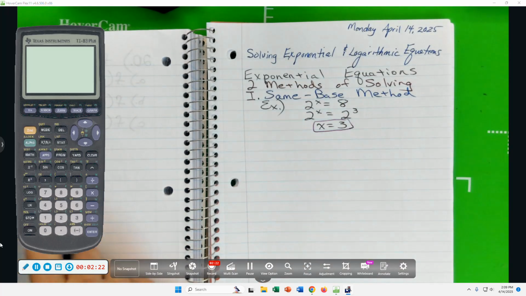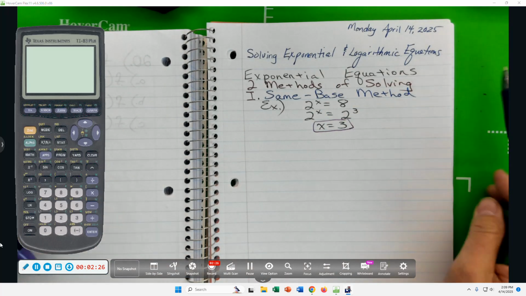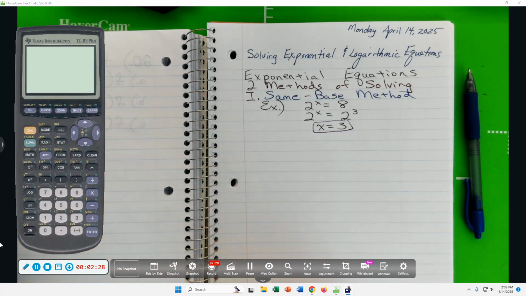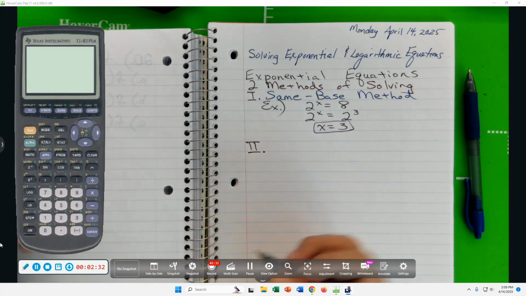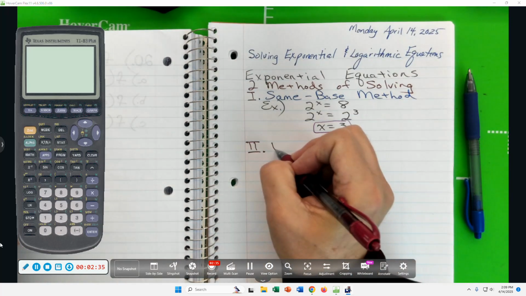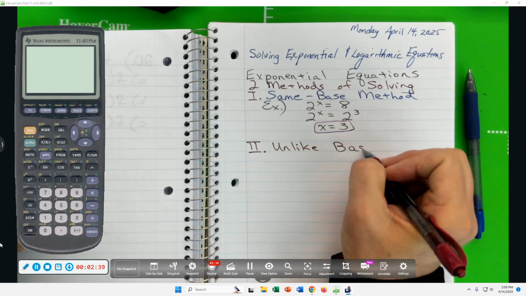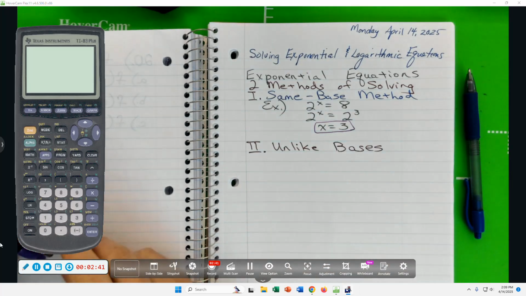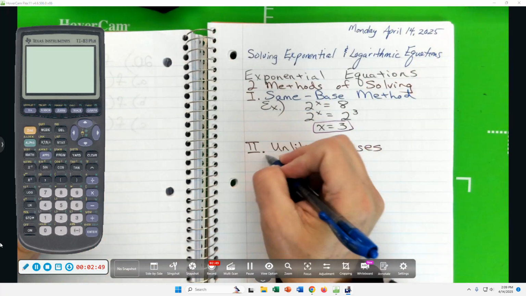And I said that if it was impossible to get the same base, there was a method of solving that used logarithms. Roman numeral 2, we'll use this for unlike bases. If you cannot get a common base on both sides, what you can do is use logarithms.